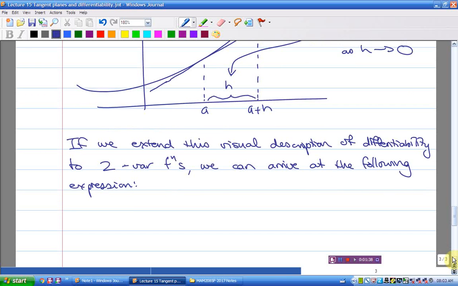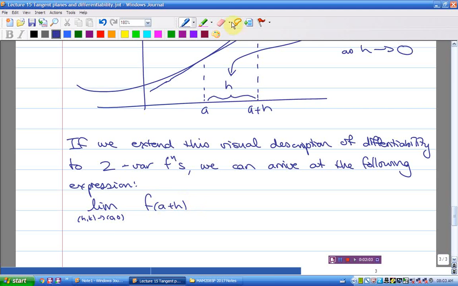Okay, so the previous expression was a function value minus its linear approximation over that little horizontal distance, which was h. But in this case, it's going to be the limit. It's not just h, it's h and k tend to (0, 0) of f of (a plus h, b plus k) minus f of (a, b) plus h f_x(a, b) plus k f_y(a, b), over the square root of h squared plus k squared.